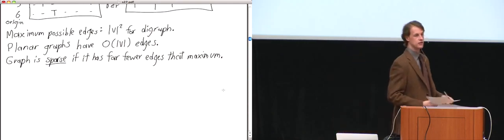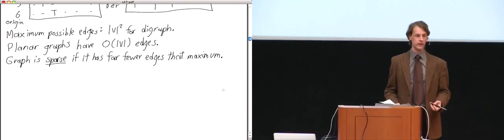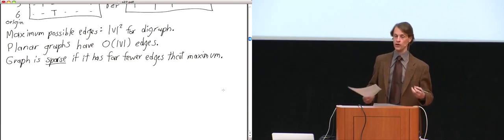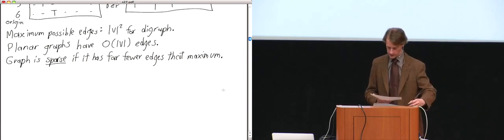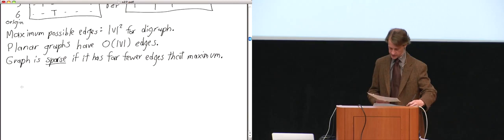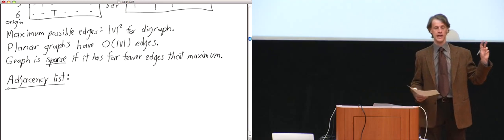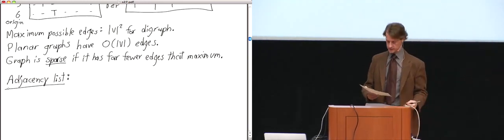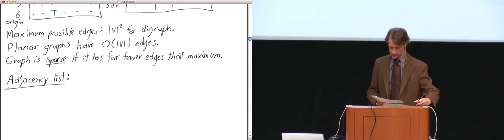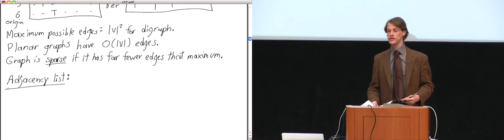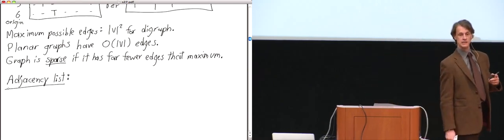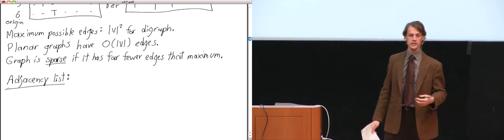So for things like a sparse graph, you want to be able to take advantage of the memory savings you should get by the fact that you're not using most of the edges. And so we have something called an adjacency list, which is an alternative to adjacency matrices for representing graphs. So those are the two main ways we're going to represent graphs in this class: adjacency matrices, adjacency lists. An adjacency list, it's a bit of a misnomer because it's not one list. An adjacency list is actually a collection of lists.